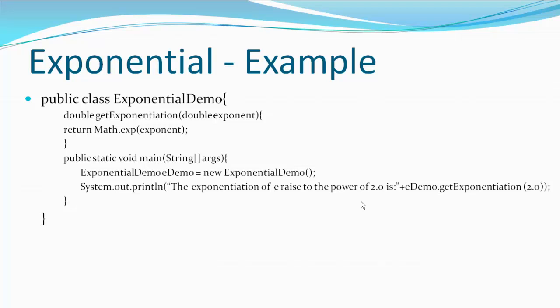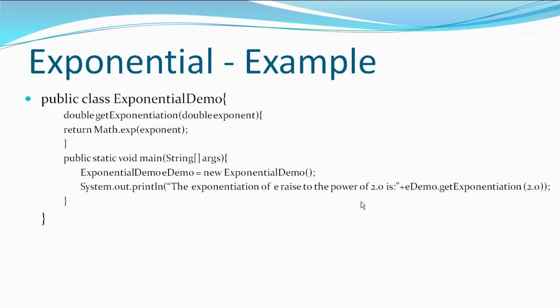And you can also see the main method. In the main method, we are creating an object of class ExponentialDemo, that is, the object eDemo equals the keyword new ExponentialDemo.